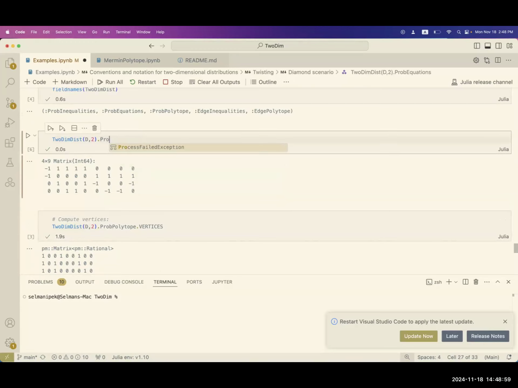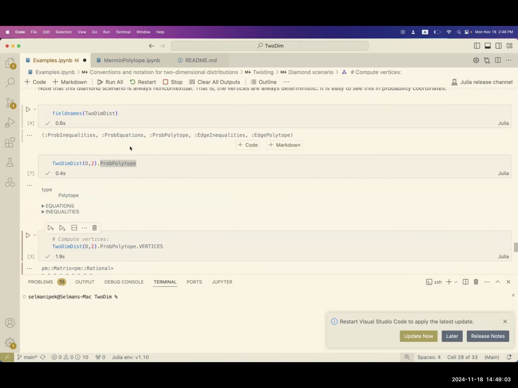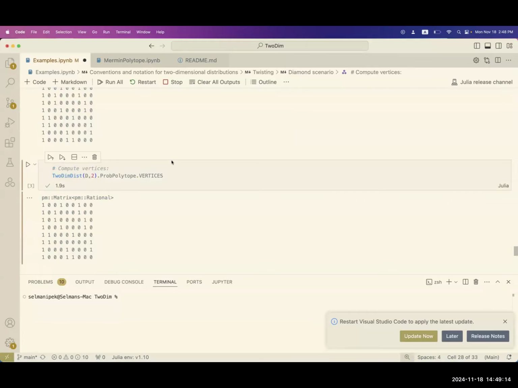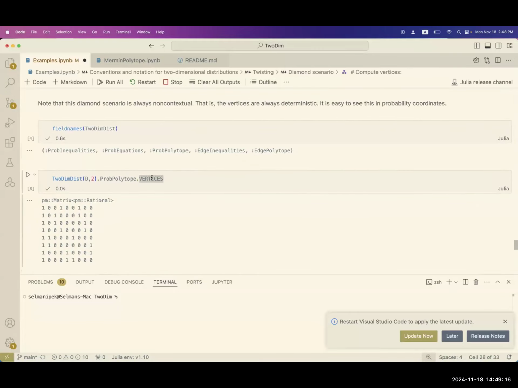And then if you just want to see the polytope object, which is coming from a program called polymake, it gives you these equations, the inequalities. And then if I want to compute the vertices, I go as follows. So you have to apply the vertices command to the polymake object for it to work.